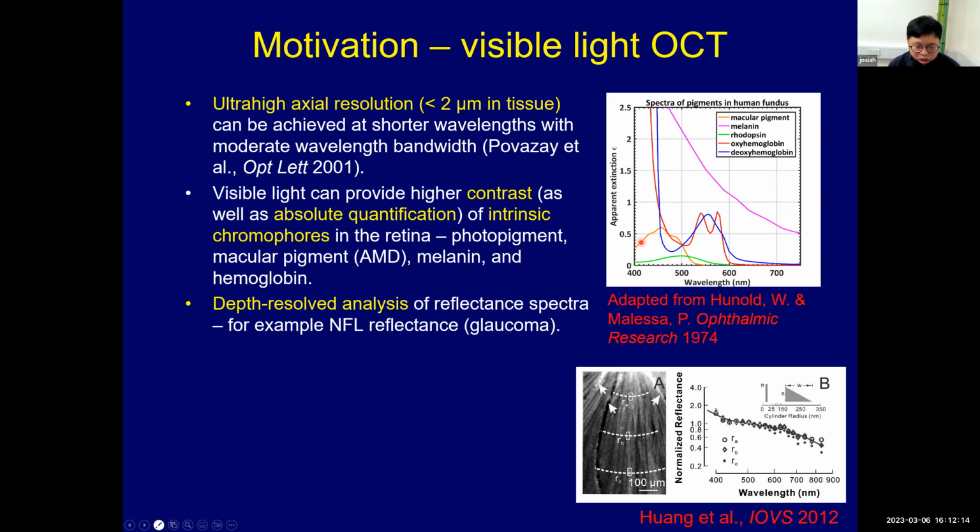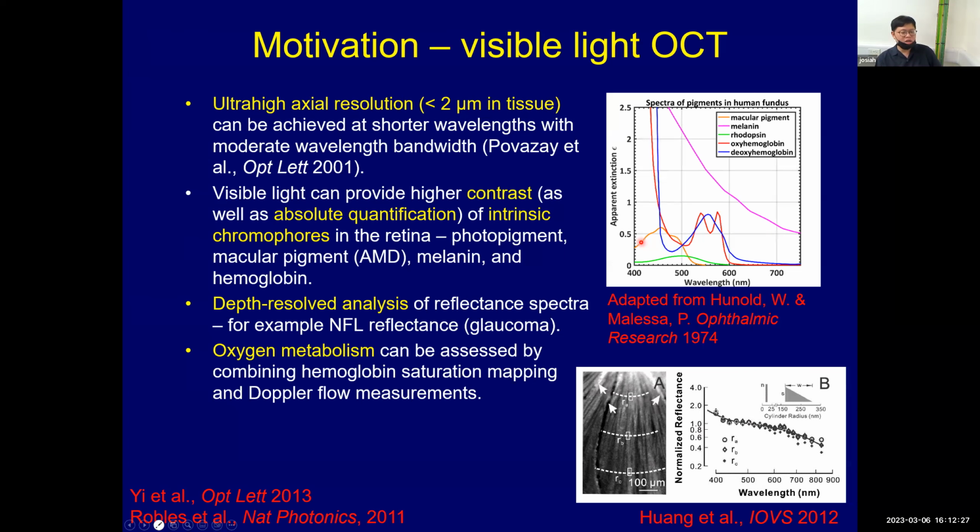When something goes bad in the cells, the nerve fiber layer will break down, and that will be reflected in your reflectance spectrum. Of course, as also mentioned a few times, oxygenation is readily available if you use visible light, because you can extract the oxygenation information of the vessels. And one of the main motivations of the project is that we want to make this fiber-based.